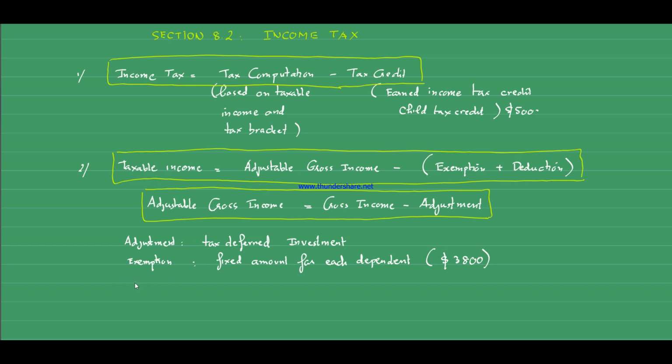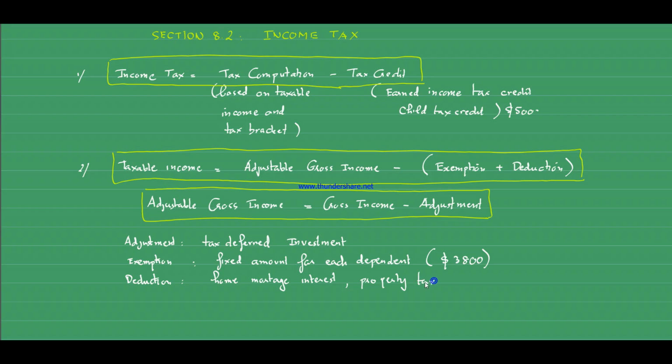And finally we have deduction. There are so many different items included in the deduction part. The first deduction is the home mortgage interest, or it could be property tax.